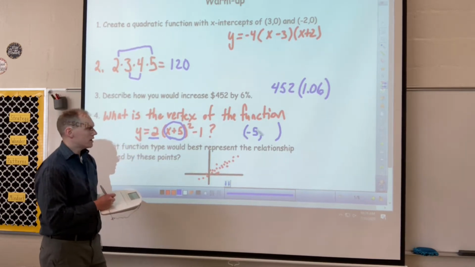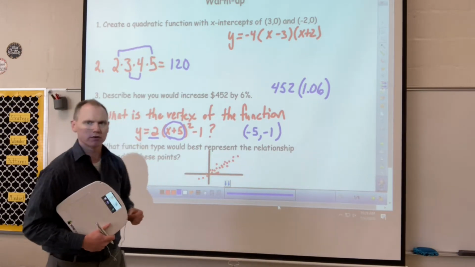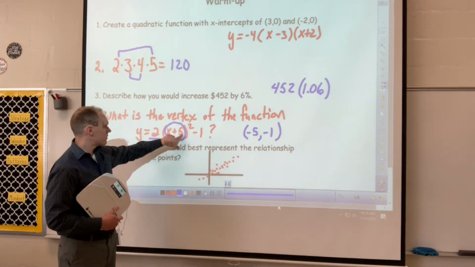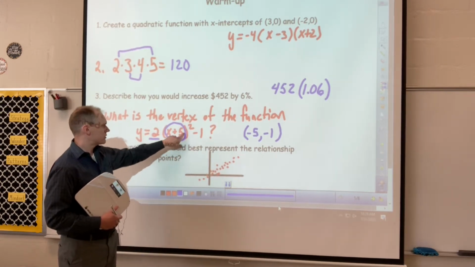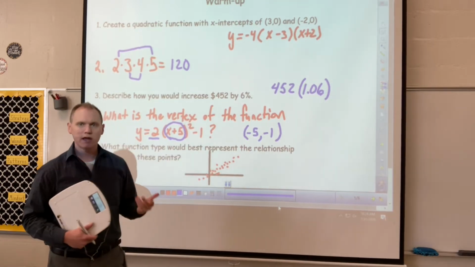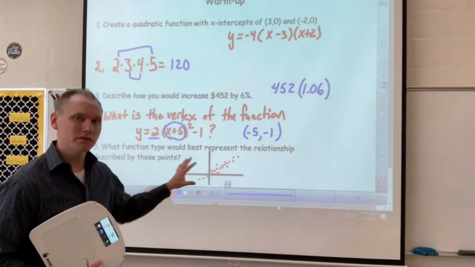So when we put in negative 5, we get out negative 1, and that is the vertex of that function. In general, it's whatever x value makes the parentheses 0, and then this number out here, which we called k, is always going to be the y value of the vertex, if it's in vertex form.